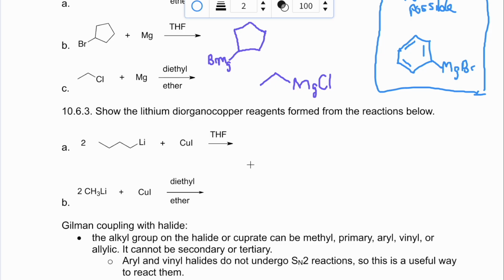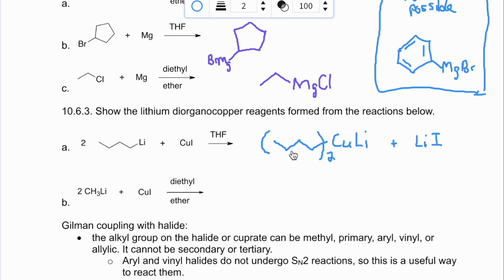All right, and then finally we have the Gilman reagent. So we need 2 of these alkyl lithium reagents that we saw being formed above from lithium and alkyl halide. Once you have this lithium reagent, you can make a Gilman reagent out of it.